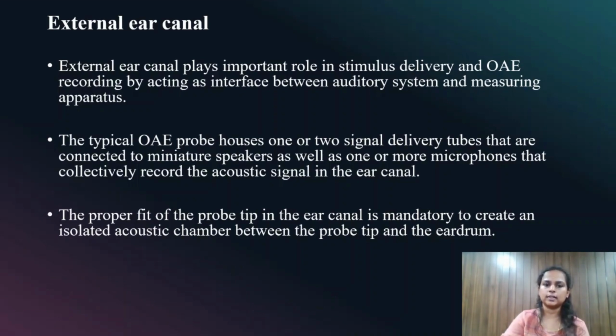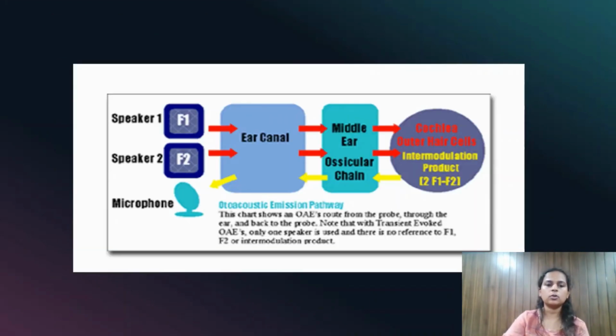The otoacoustic emission pathway is shown, where it has two speakers which produce the sound. It passes through the ear canal and middle ear and it reaches the cochlea.